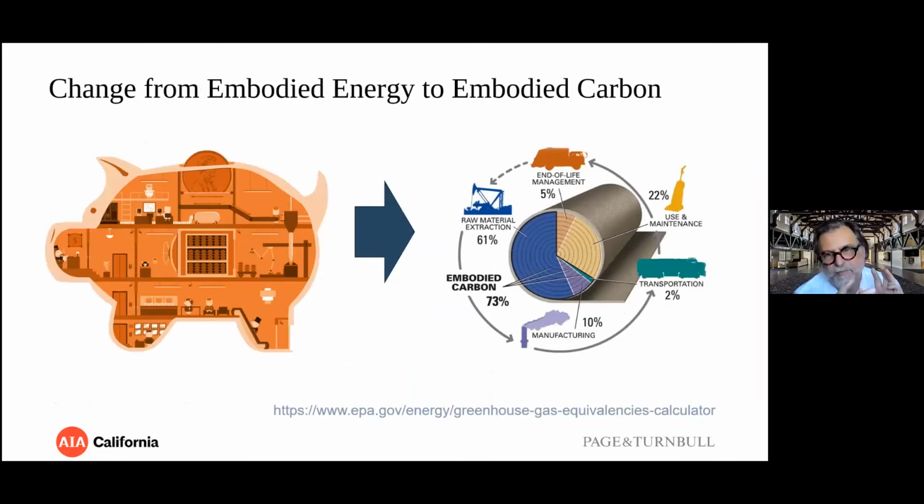But around that same time, the climate crisis was really starting to be much better understood, and there was a shift in thinking from embodied energy to embodied carbon, looking at the sum of the greenhouse gas emissions that go into the same types of processes that the embodied energy folks were looking at: extraction, manufacture, transporting materials back and forth, use and maintenance, and the like.